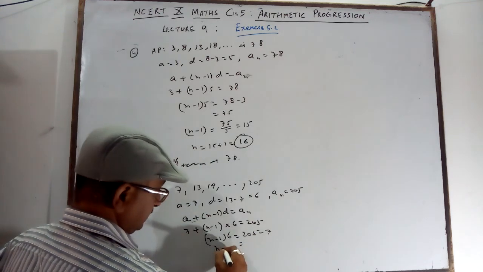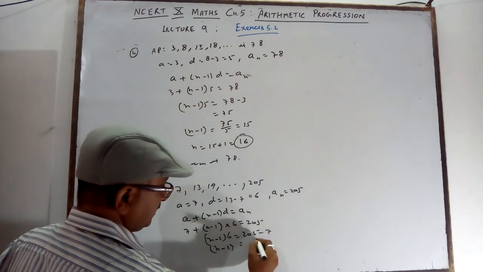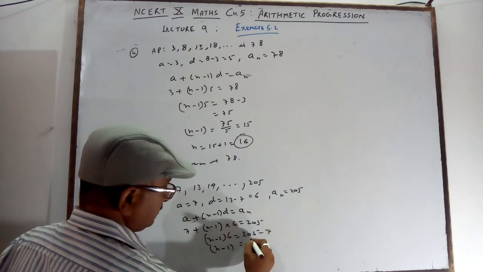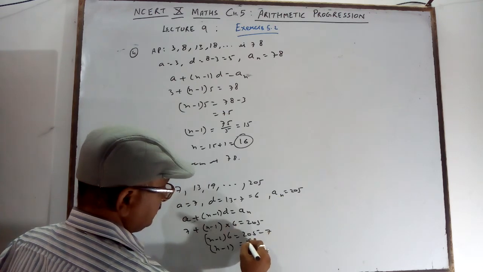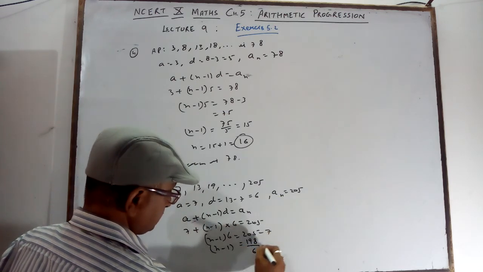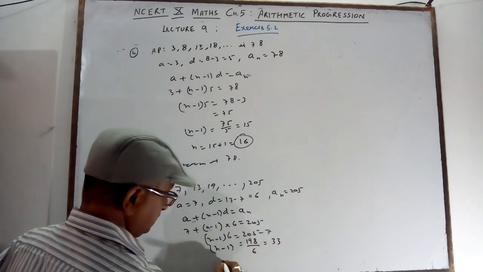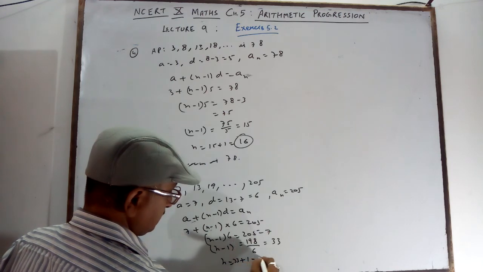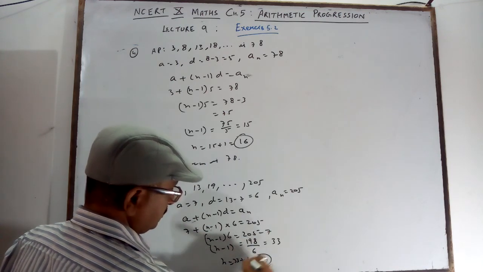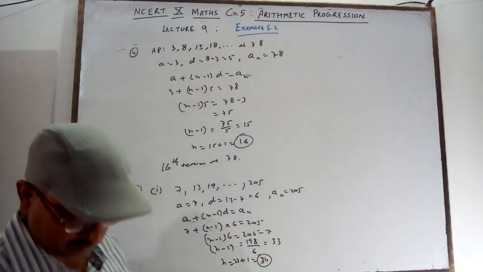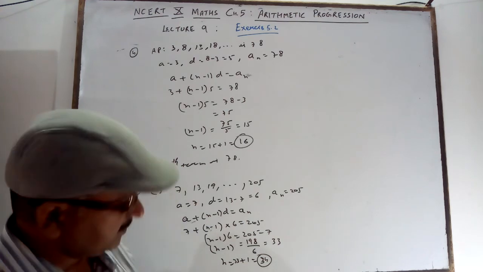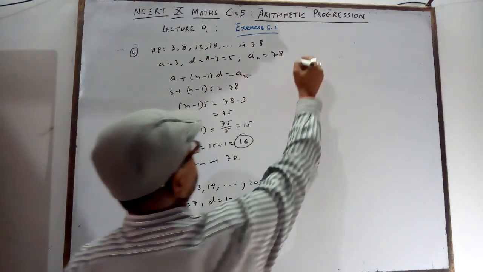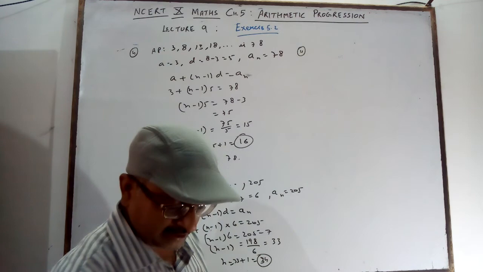So what is N minus 1? N minus 1 will be 198 upon 6. 6 3s are 18, 6 3s are 18. So N is equal to 33 plus 1, that is 34. The 34th term of this AP is 205.